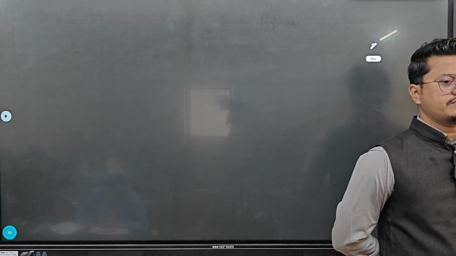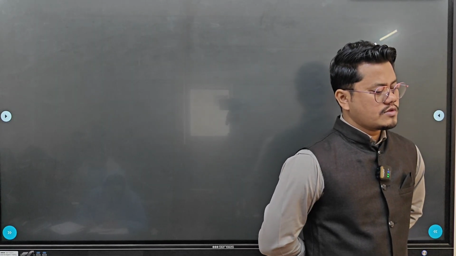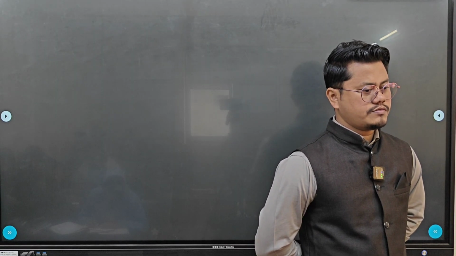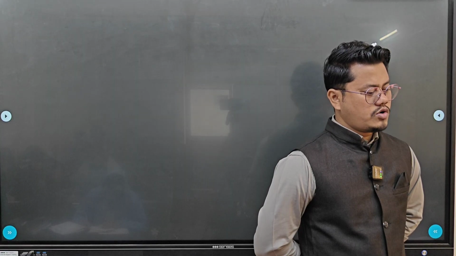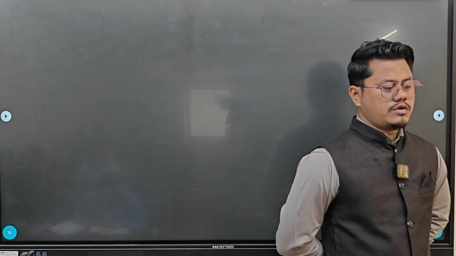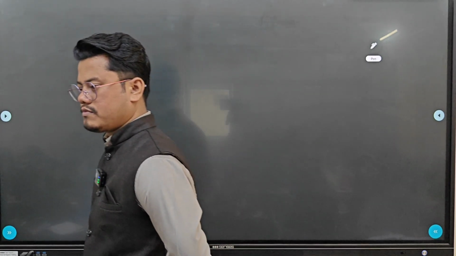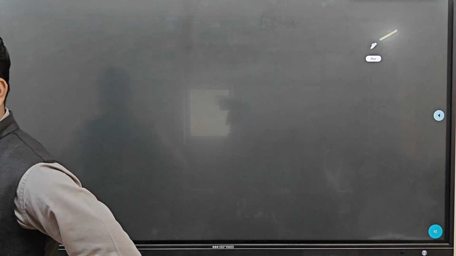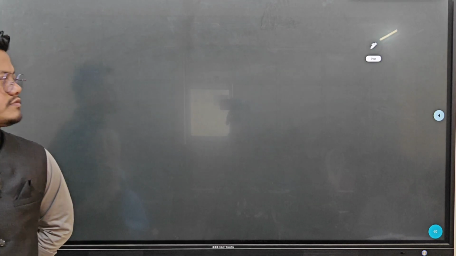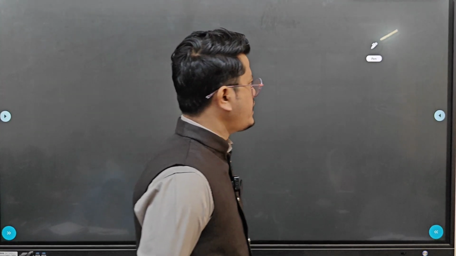Or the reciprocal of focal length of a lens is known as power.